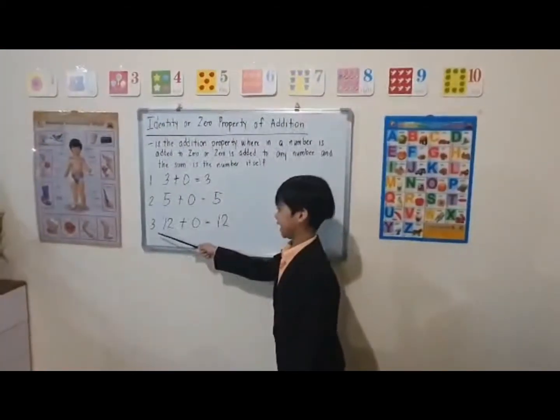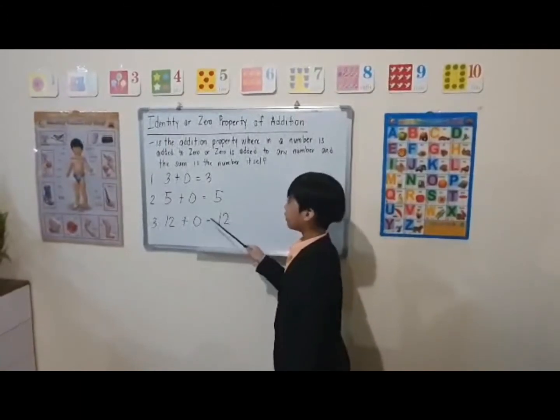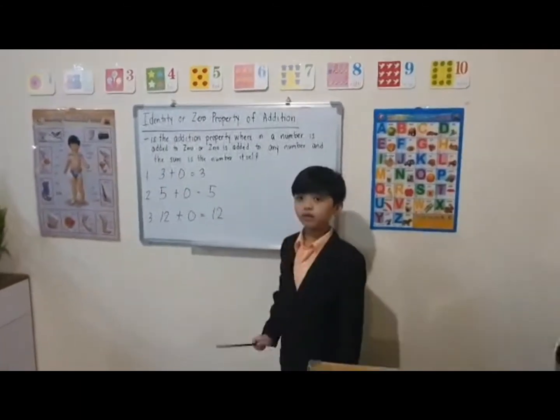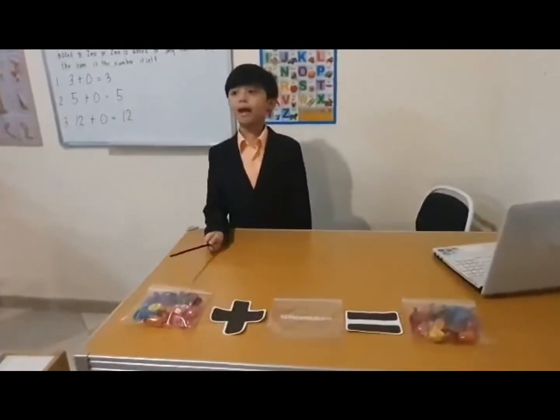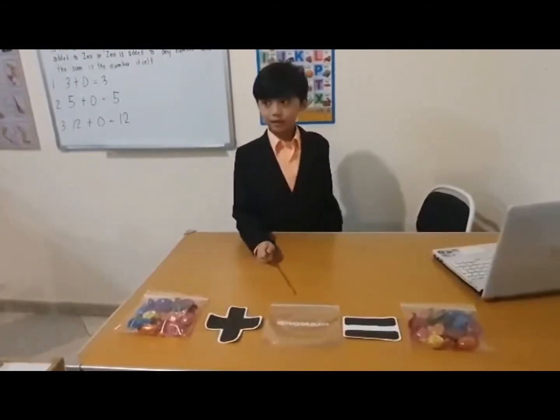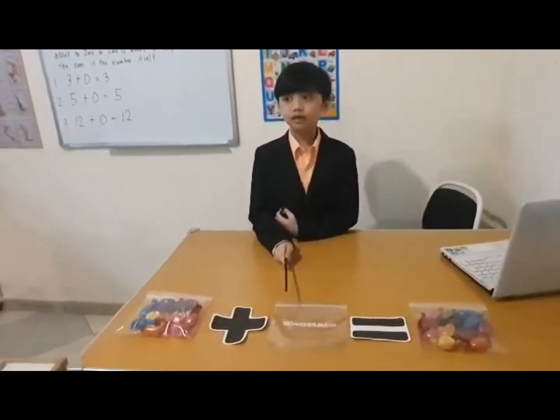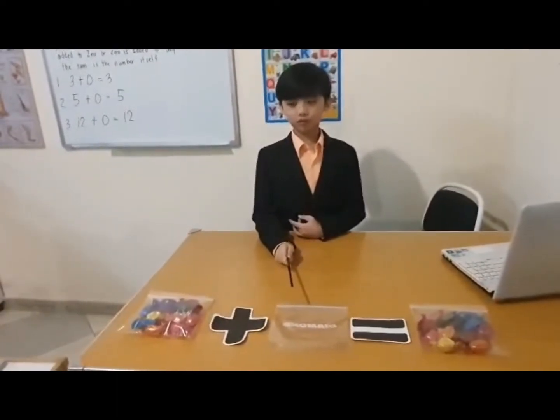So that's number 3. 12 plus 0 equals 12. I have here 12 chocolates in a Ziploc bag and an empty Ziploc bag, which represents 0.